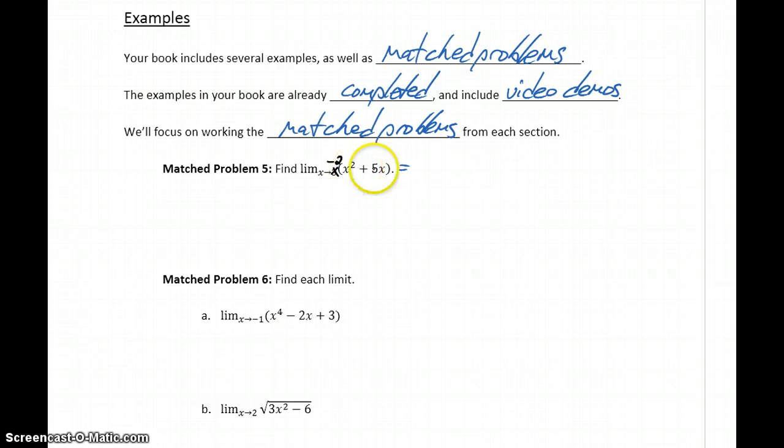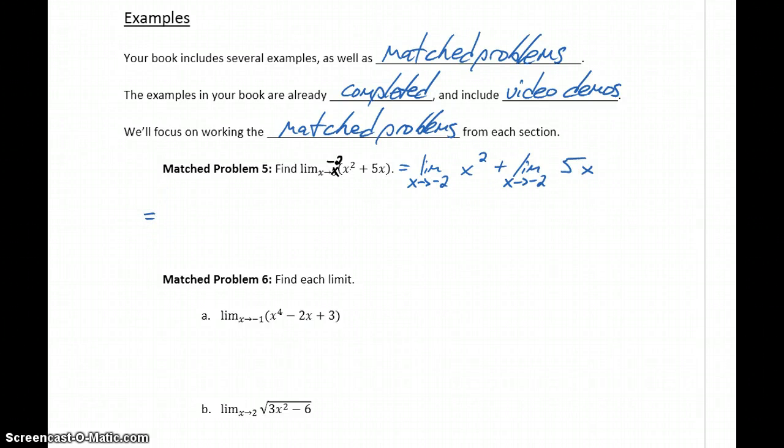We can take that limit and apply it to each of those functions individually. So we can rewrite this as the limit as x approaches -2 of x squared plus the limit as x approaches -2 of 5x. So properties of limits let us break up the limit like that.